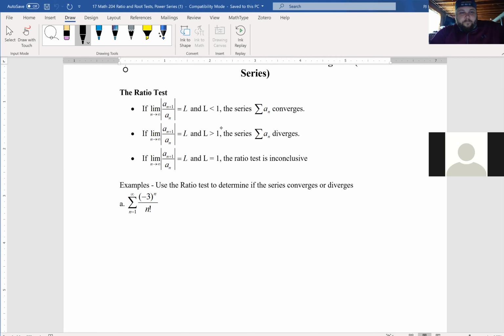So if we see a series that we think we can use the ratio test on, as a hint for that, you're looking for typically n factorial. Any kind of factorial is a clue that the ratio test is probably a good choice.